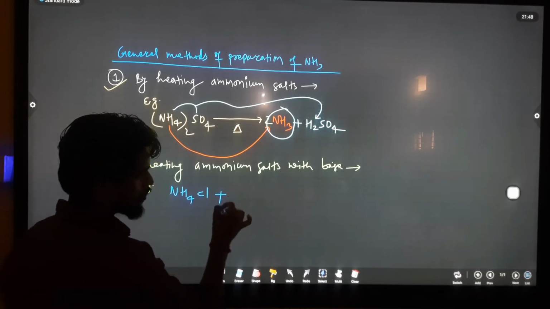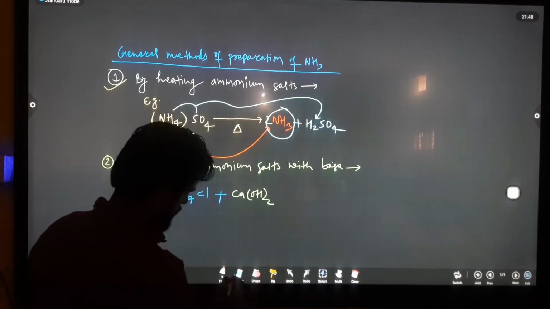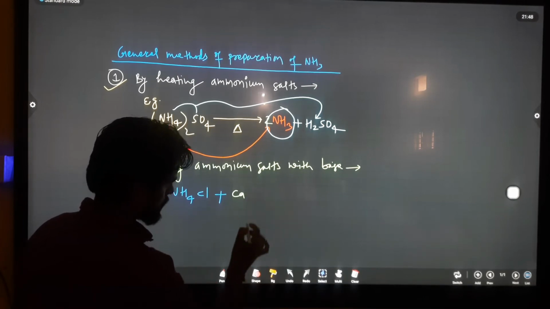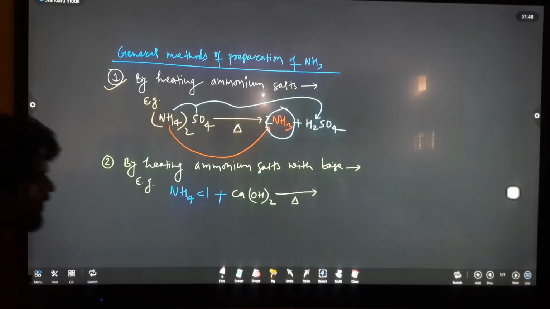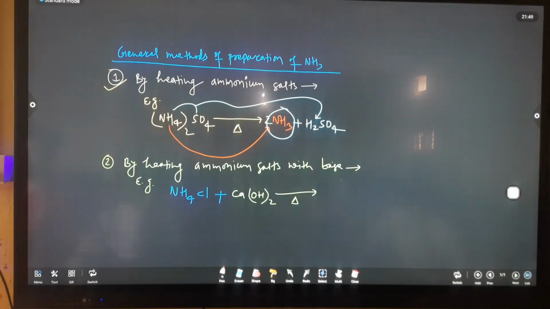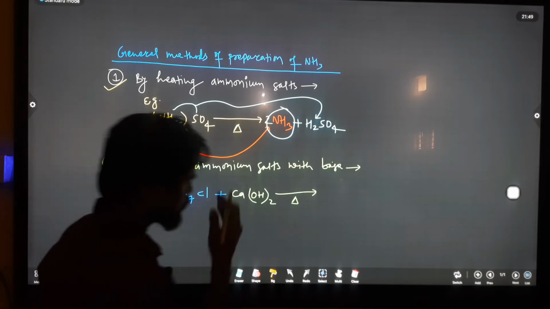You can take potassium hydroxide, sodium hydroxide, or calcium hydroxide. If I take calcium hydroxide here, by heating this, what do we get?